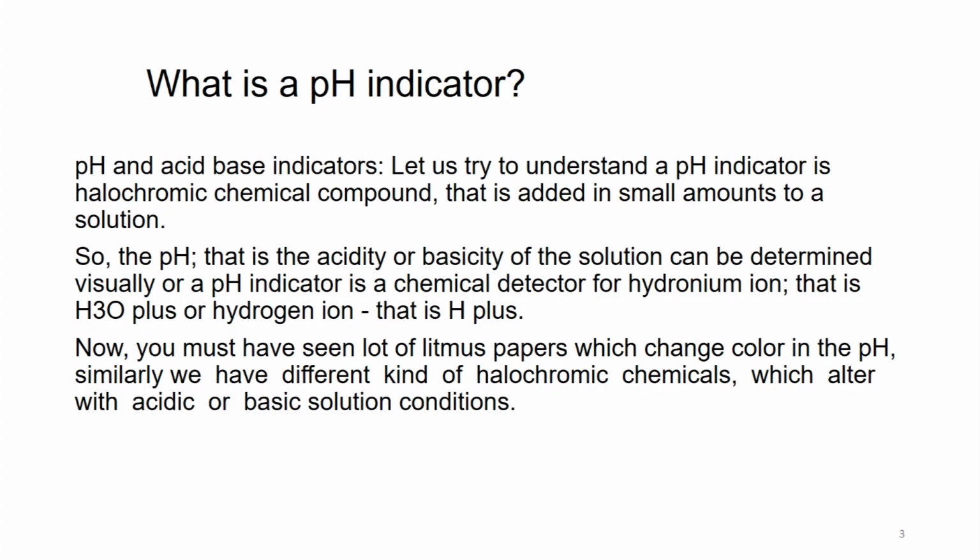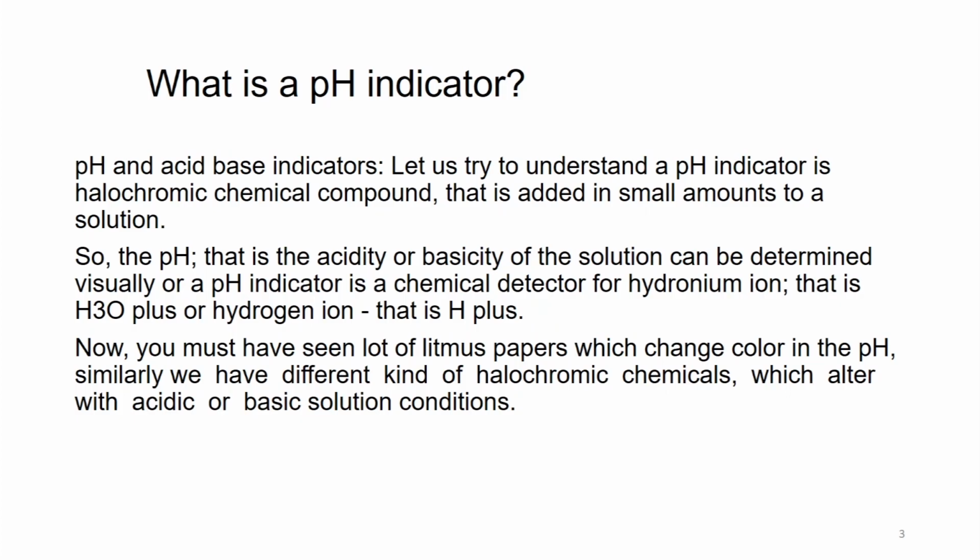Now, you must have seen a lot of litmus papers which change color with the pH. Similarly, we have different kinds of halochromic chemicals which alter with acidic and basic solution conditions.